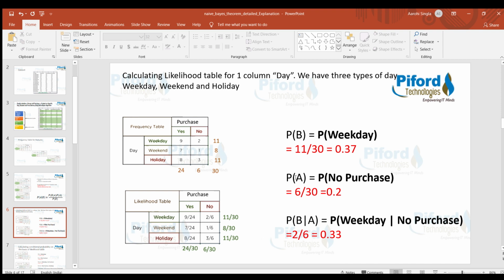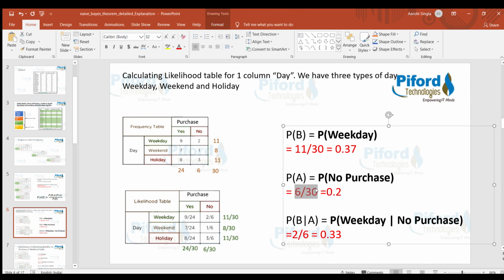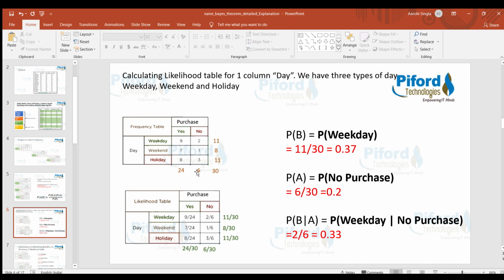So in probability of A, I'm storing the probability of no purchase. How many no's were there? 6 out of 30. So probability of A is 0.2 and probability of B is 0.37.